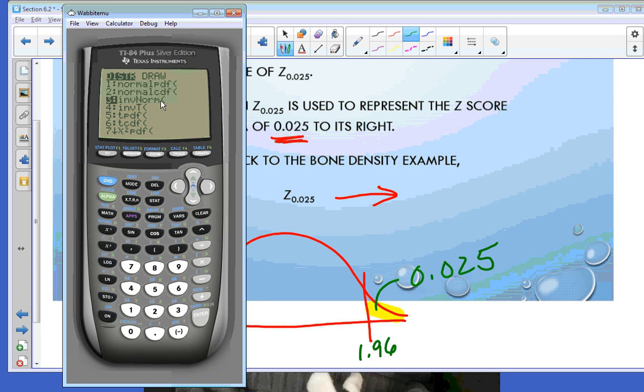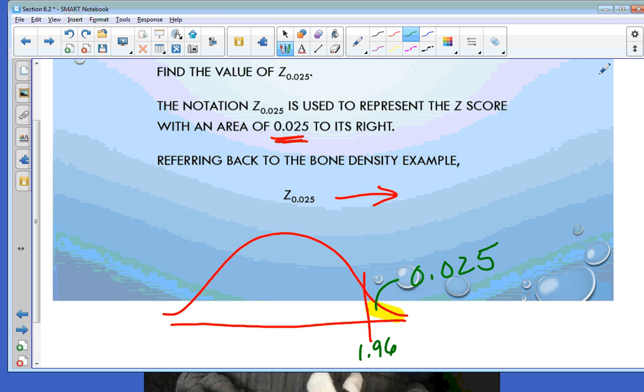So I'm going to be able to put in the area and it's going to give me the z-score. So here's the problem. It wants the area, the same as the table, from the left going to the right. Again, we're going to use the fact that we know the entire area is 1.